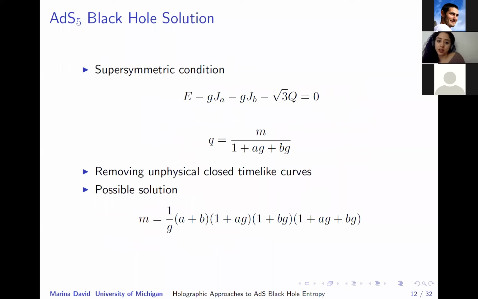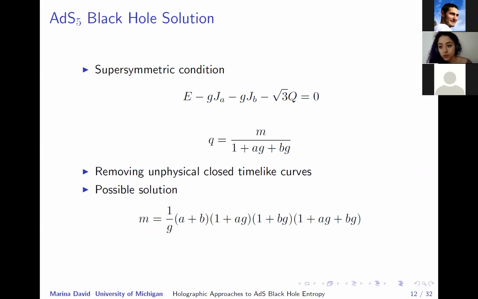Like I mentioned, we are interested in supersymmetric solutions. The supersymmetric condition ends up giving us a constraint on our parameters. So we had a 4 parameter family of solutions, and now when we apply this constraint, we have a 3 parameter family of solutions. This solution for AdS5 also has closed timelike curves.